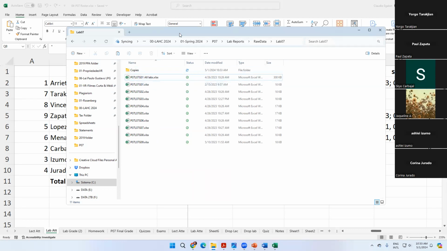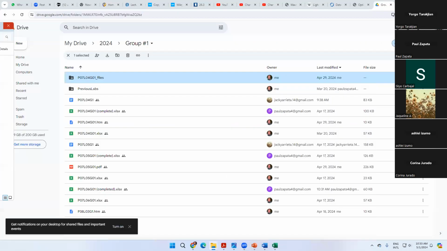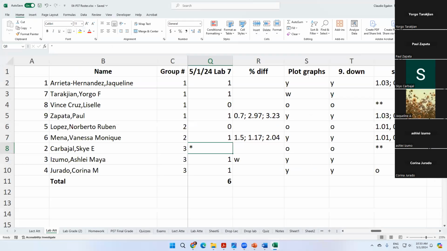Okay, group number 1, I'm going to upload your spreadsheet. But first, let's make sure everything looks good here before I expose you to the data.